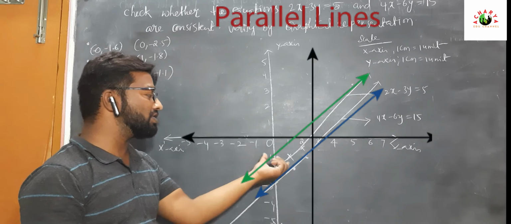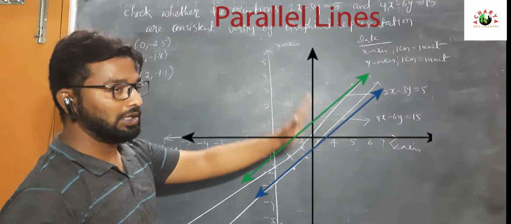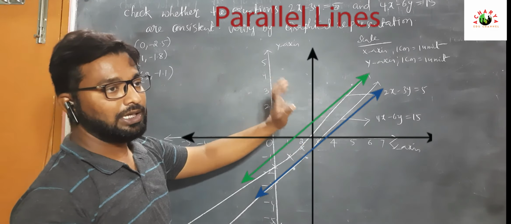Parallel lines means these two lines do not intersect at any point. What are examples of parallel lines? Like railway tracks going straight. The two tracks do not intersect at any point. That is an example of parallel lines. So now these two equations represent parallel lines.